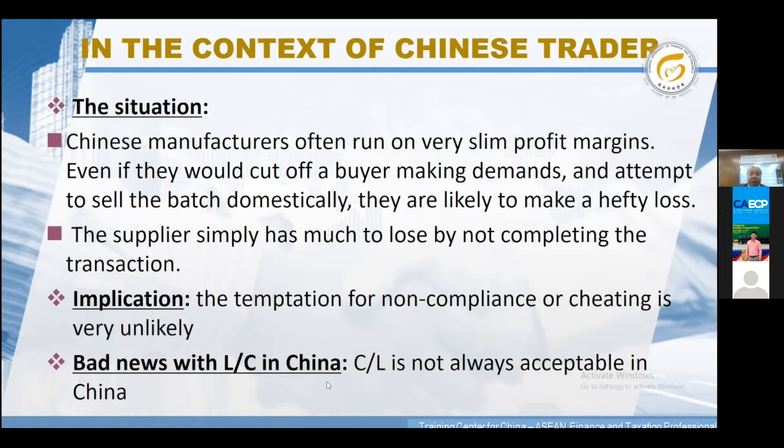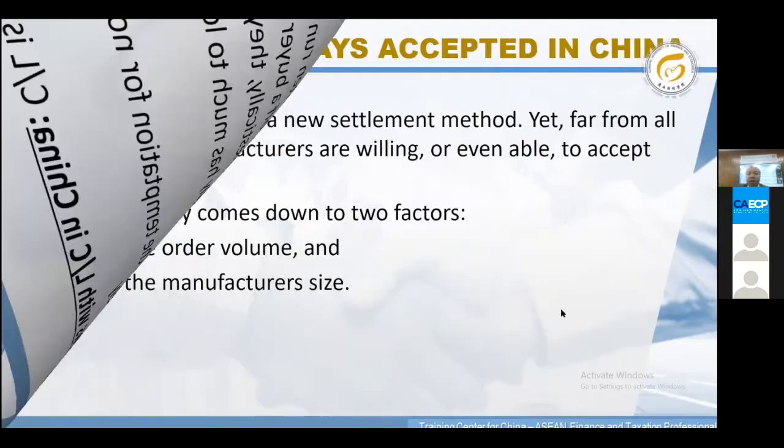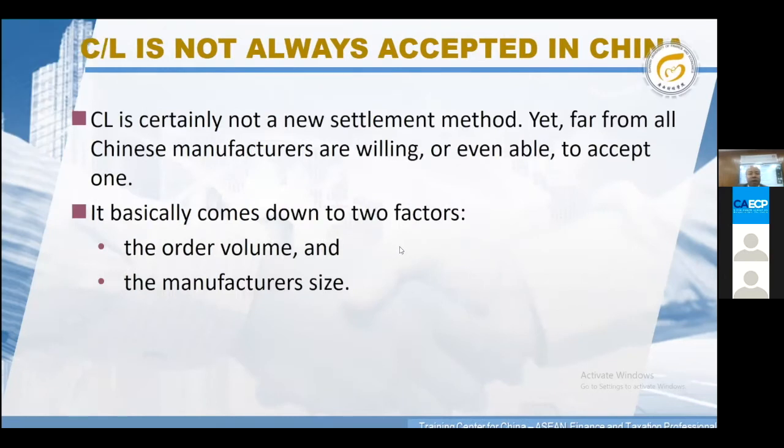So the bad news is the letter of credit is not really acceptable in China, as we said. It is certainly not new. The letter of credit has been around for many years. All right. And a lot of people are using it.